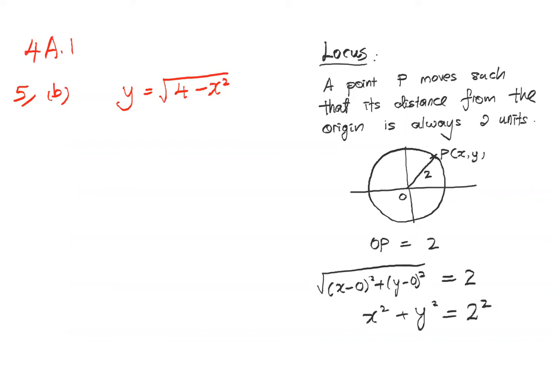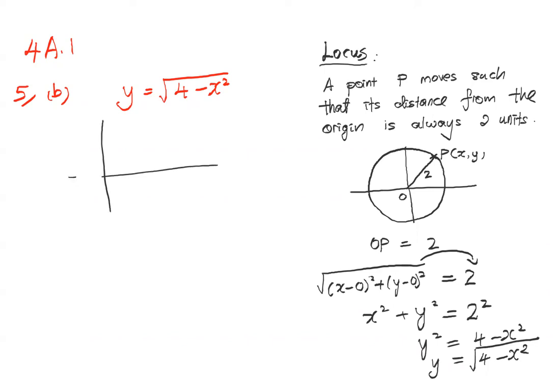I bring the square root over, so it becomes squared. So y squared is equal to 4 minus x squared. Therefore, y is equal to the square root of 4 minus x squared. So this is the quarter circle.